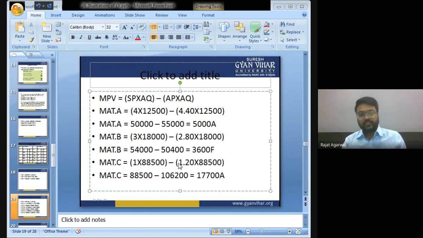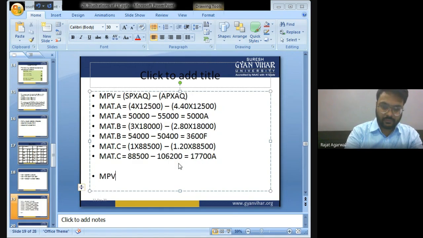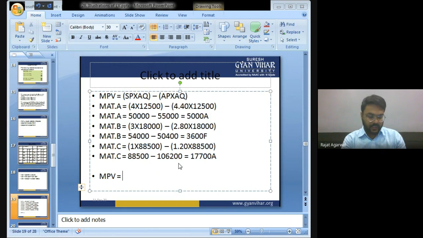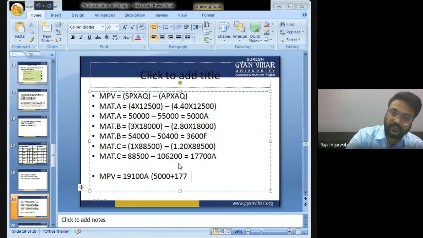Answer is 17,700 adverse. Now material price variance is 17,700 adverse plus 5,000 adverse minus 3,600 favorable. So 19,100 adverse. That is 5,000 plus 17,700 minus 3,600.